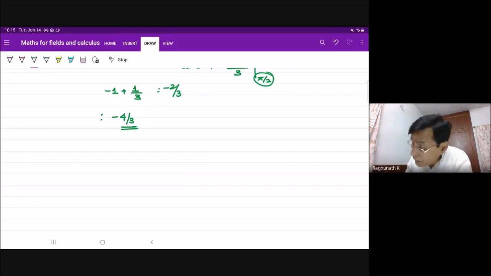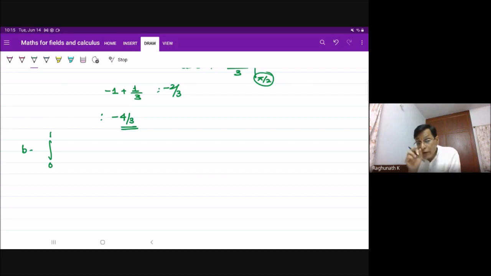If I try to evaluate B, clockwise along the circle x square plus y square is equal to 1 from 0, 1 to 1, 0. Clockwise it goes from 0, 1 to 1, 0, right? Earlier it was 1 to 0.